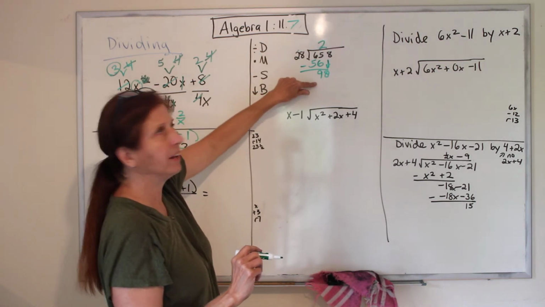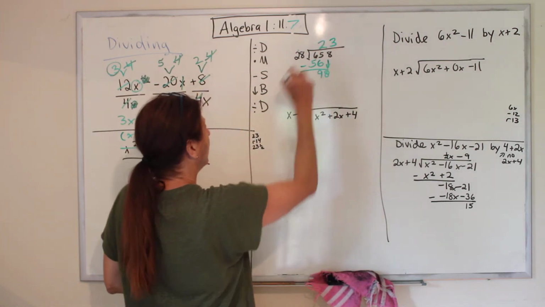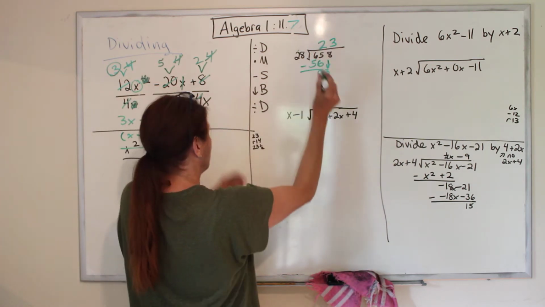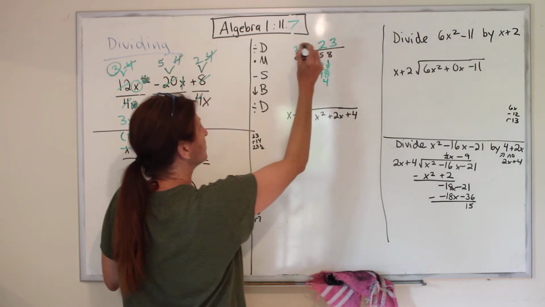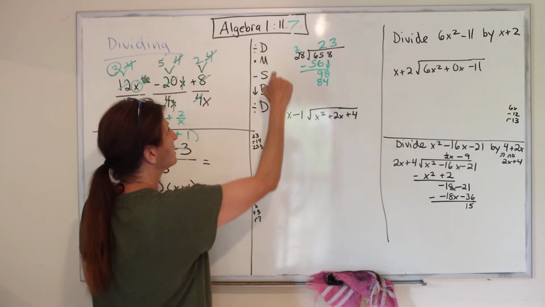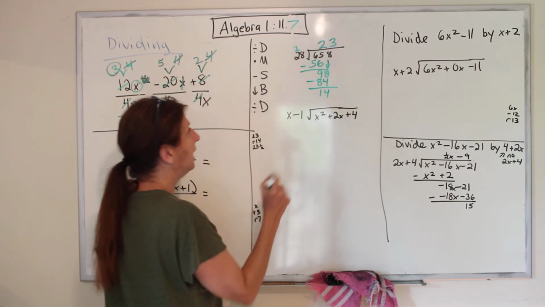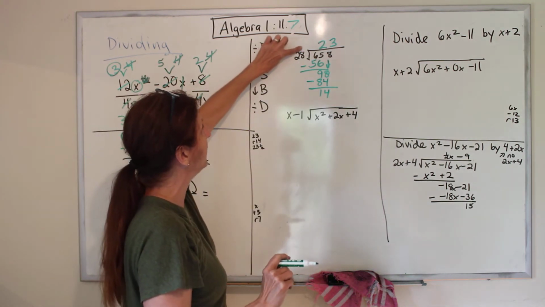Well, that's about 30, and 30 goes into 93 times, so we're going to try that. And so now we multiply again. 3 times 8 is 24, and 3 times 2 is 6, 7, 8. And now we subtract, and we get 14, and 14 is smaller than 28, so we're done.